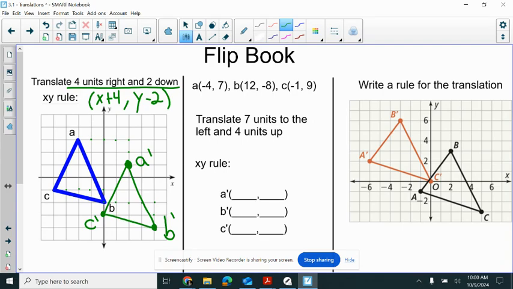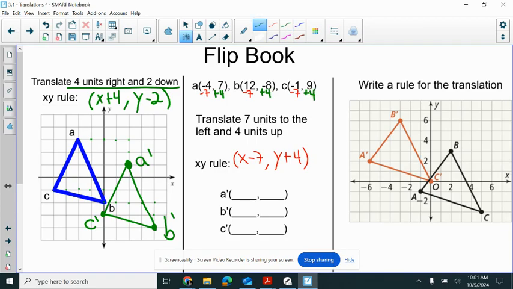If I just give you coordinates, then you add or subtract to the X and the Y for each coordinate. My XY rule would be, if I go 7 left, left is negative, so X minus 7, and 4 up would be positive, Y plus 4. For each ordered pair, the first number is the x, I minus 7. And for each y, I add 4.